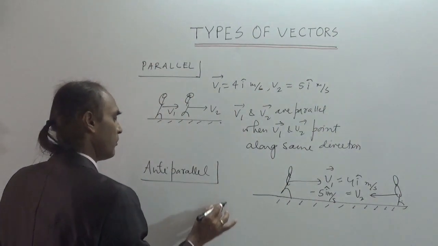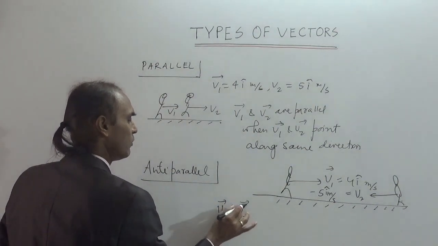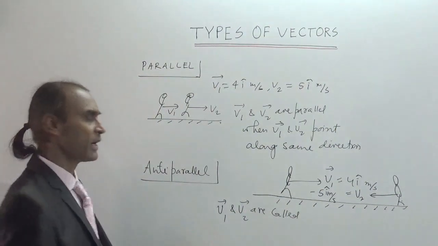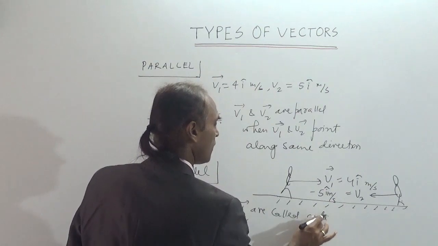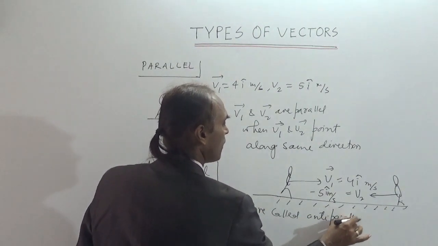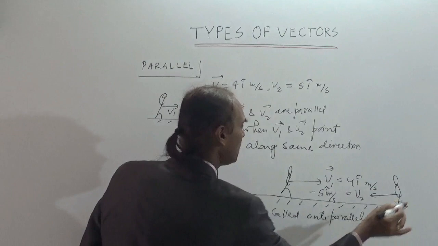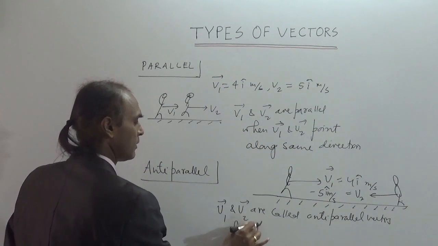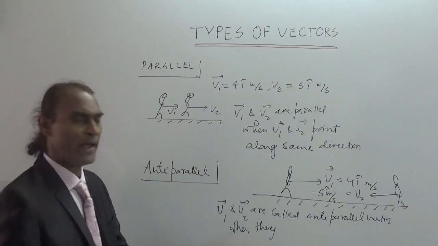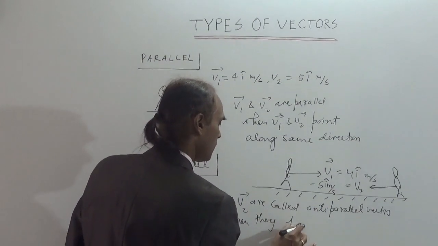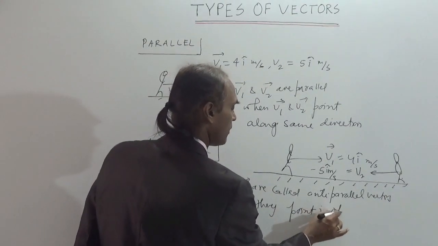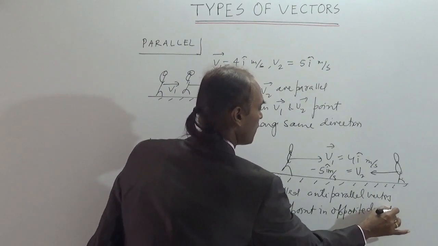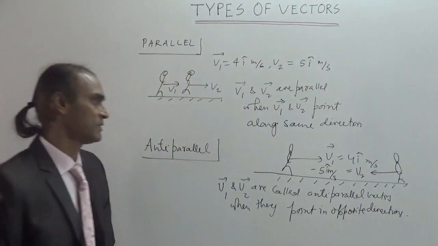Then v1 and v2 are called antiparallel vectors when they point in opposite directions.